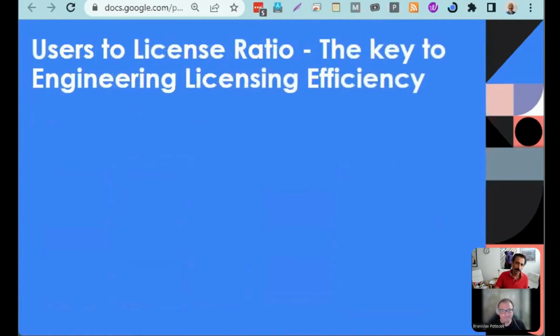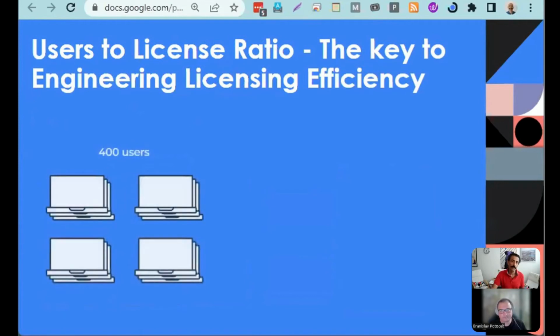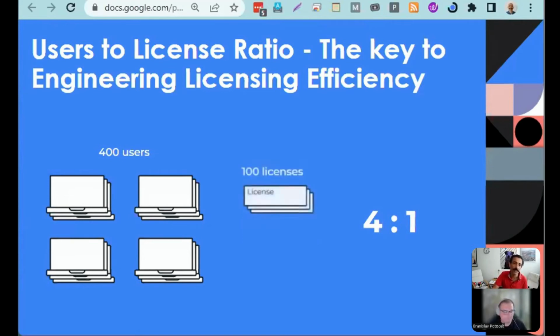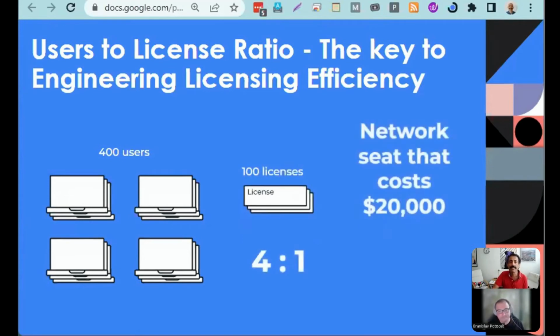Another concept I would like to take a minute to present is the users to license ratio, which is critical in engineering licensing. Let's say we have 400 users, 100 licenses, we have a ratio of 4 to 1. This is a common ratio, and it's very critical.